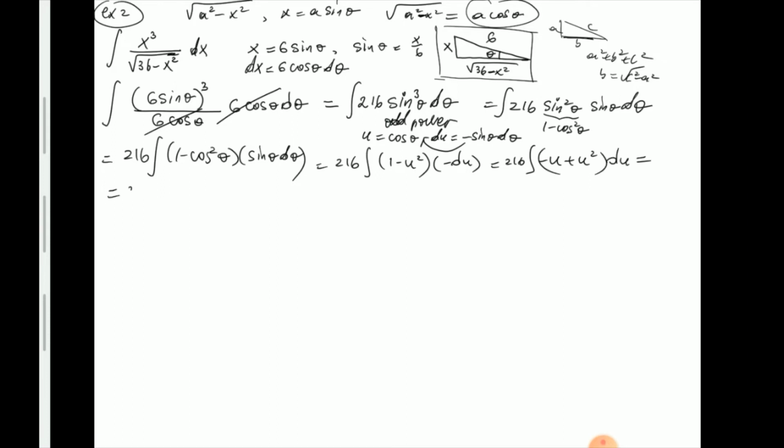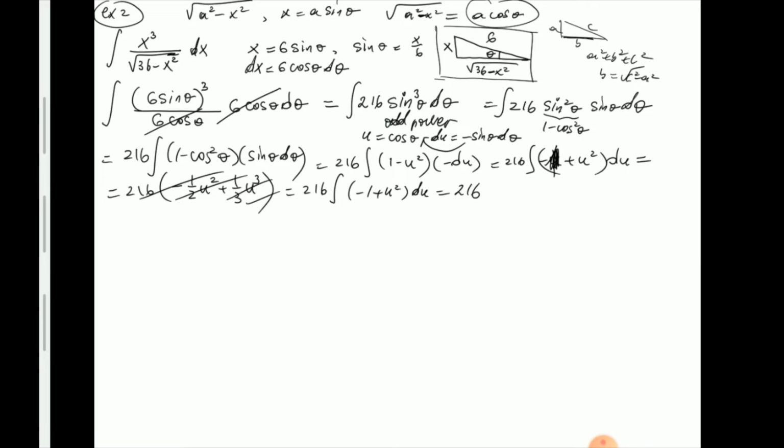So it's minus, 1 minus u squared du. Sorry, I made a mistake out of the blue here, I'm sorry about that. So it's minus 1 plus u squared. So it's 2/16 times the integral of minus 1 plus u squared du.